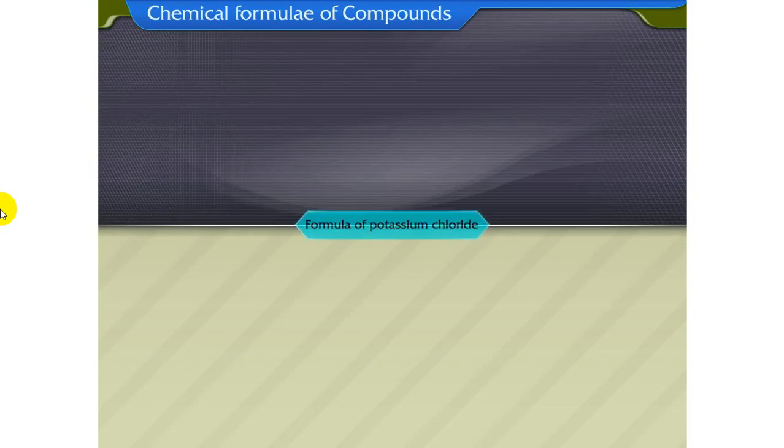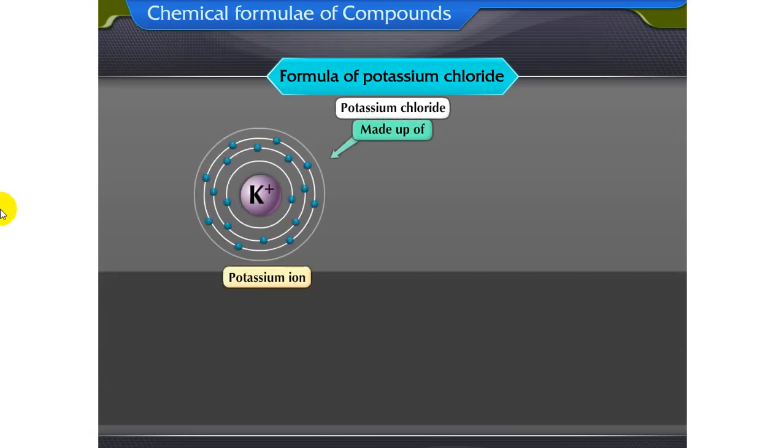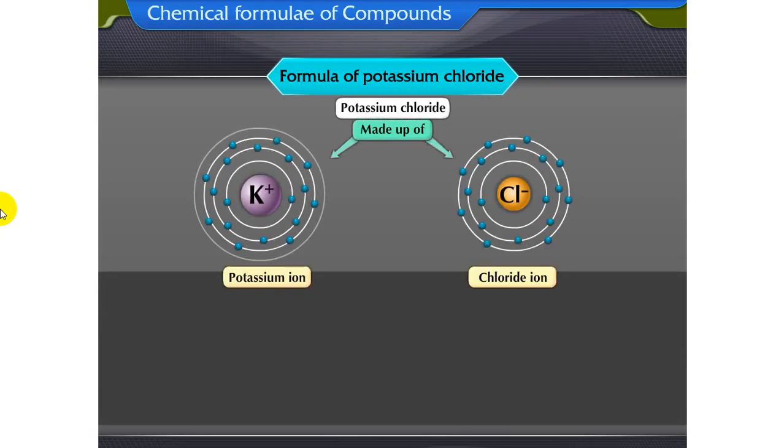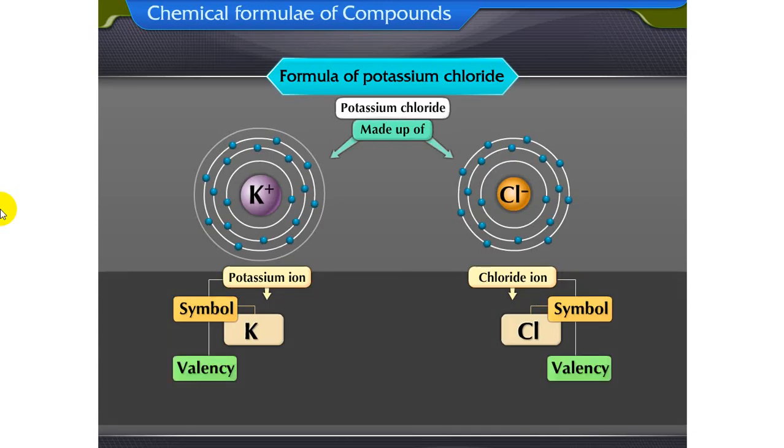Let us determine the formula of potassium chloride. Potassium chloride is a compound made of potassium ions and chloride ions. We shall follow the following steps while writing the formula. First, write the symbols: the potassium ion is K and chloride ion is Cl. Then, write the valencies below the symbols.